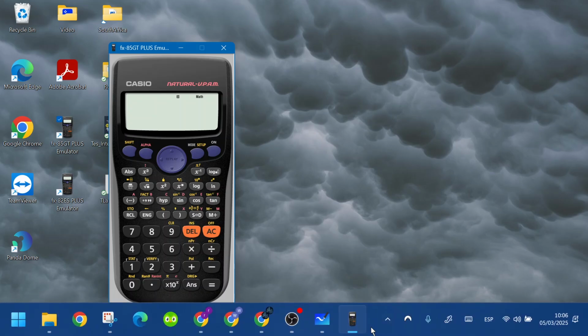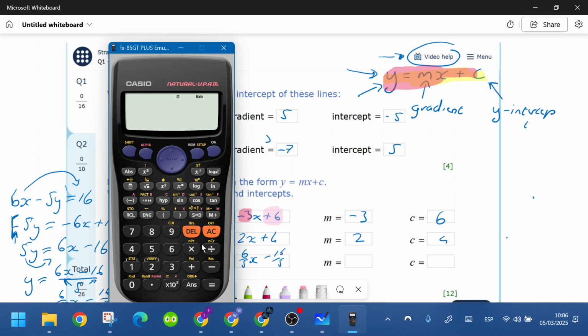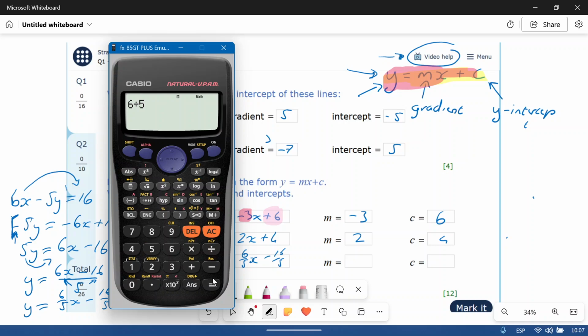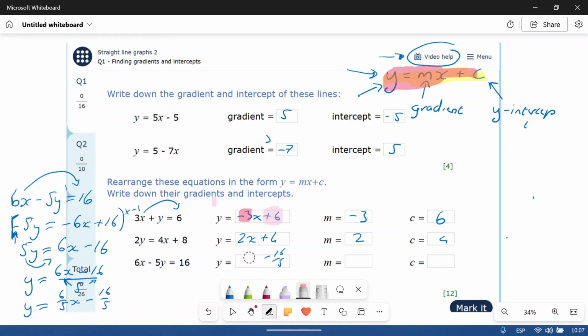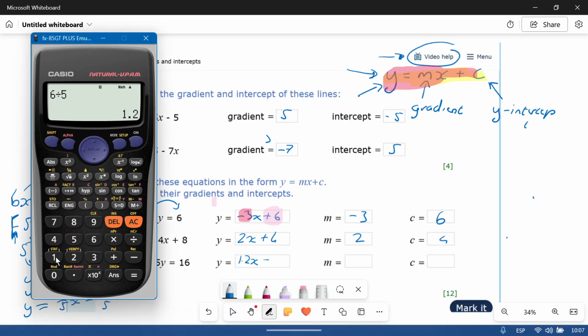You can use calculators today with this task. 6 divided by 5, I guess we're going to have to put 1.2. Tell you what, I'll put this into the answer. So that will be 1.2x minus, and then you do 16 divided by 5, 3.2.